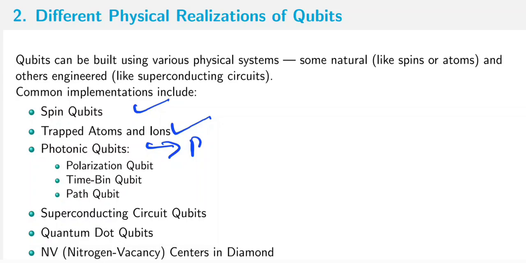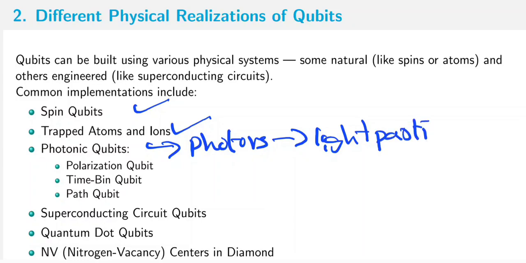Photonic qubits are nothing but photons, which we call light particles, and they come in three types: polarization qubit, time qubit, and path qubit. Then there are superconducting circuits, quantum dots, and nitrogen vacancy. Each type has its own advantages, challenges and uses, but together they shape the quantum world. That is what we need to remember.